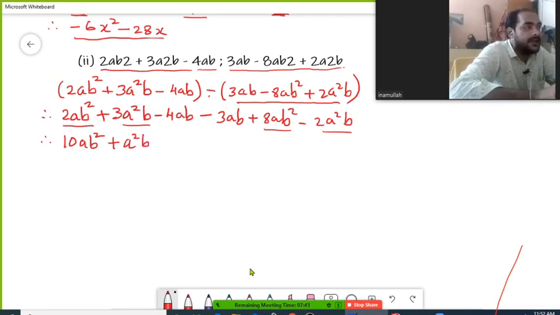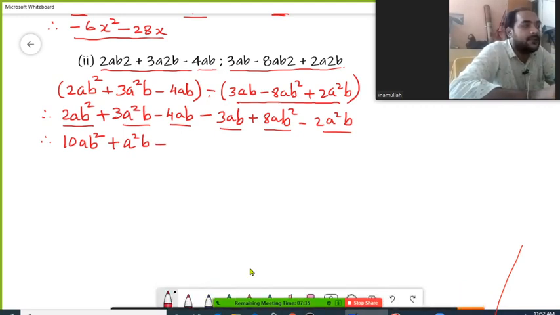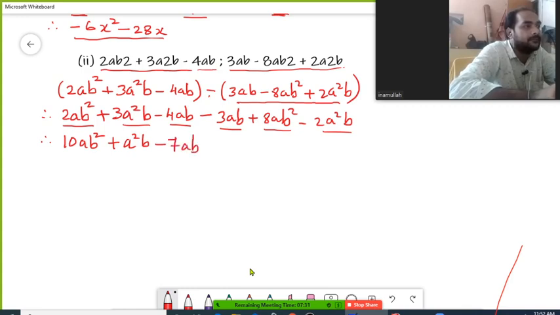And then next we have 3ab and 4ab. These two are like terms. Both are negative, so we will add them by taking a minus sign. So 4 plus 3 will give me 7ab, and this is my final answer.